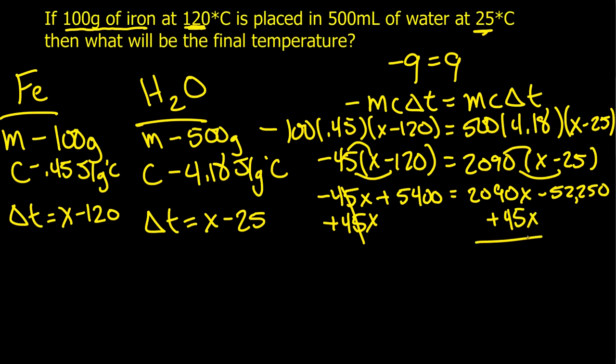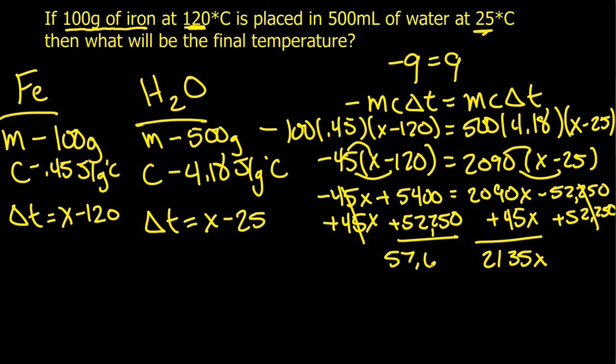So 2090 plus 45X is 2135. We add 52,250. That cancels. Plus 52,250. Get 57,650.